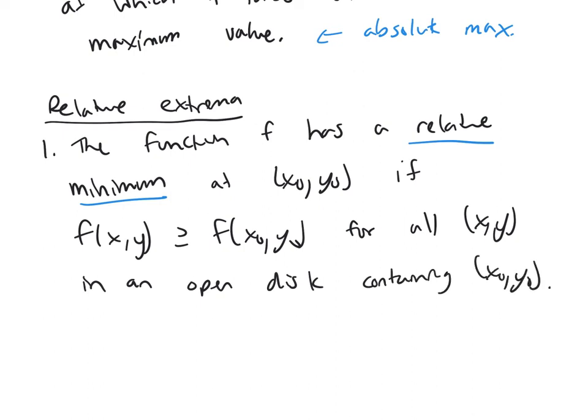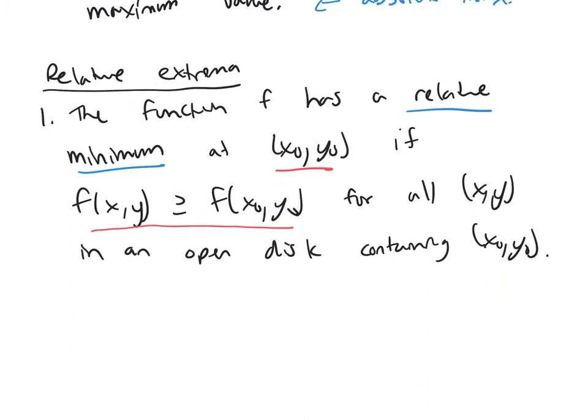So nearby this point x naught, y naught, your function outputs values that are at least as big as your point x naught, y naught. Okay.